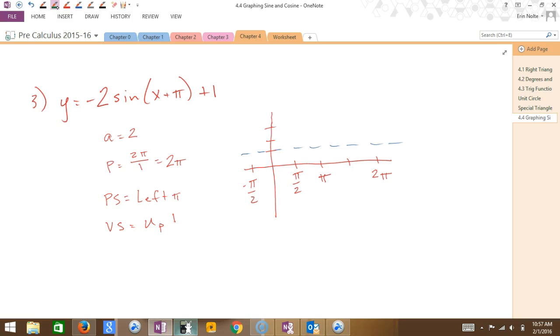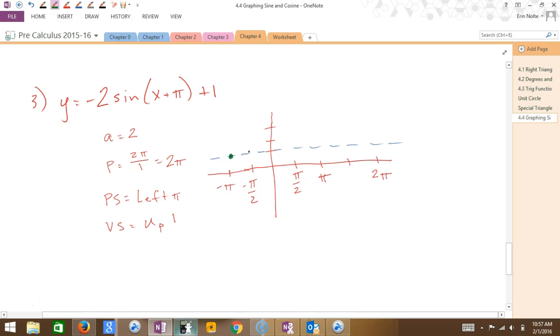So where is my starting spot going to be? 2 increments, right, to the left. So you see how pi is 2 to the right. So if I'm going left, I need to go 2 increments to the left. Okay, so I need to kind of extend on my x-axis, give myself another increment. I'm going to even label it because it's an easy one to label. Okay, so there's going to be my start.